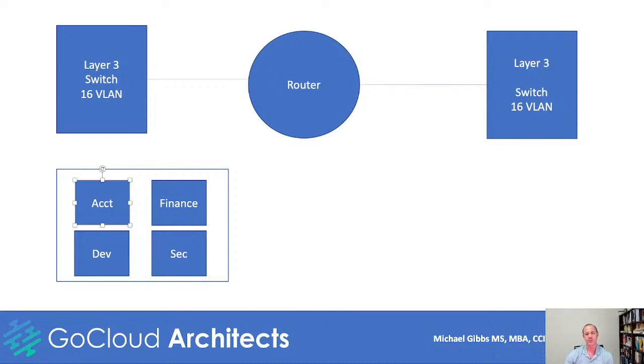You might put ports 1 through 24 in the accounting VLAN, 25 to 49 in the finance VLAN, 50 to 74 in the dev VLAN, and 75 to 99 sitting inside of the security VLAN. I hope I made that clear for you. So each VLAN is going to be in a different subnet. So Christian, that's what I meant by that.